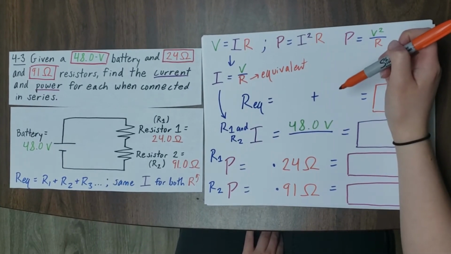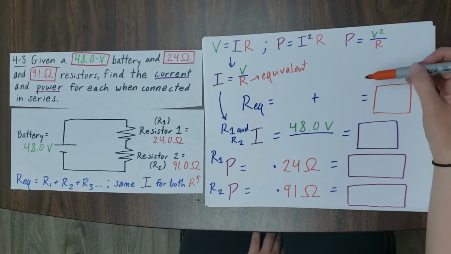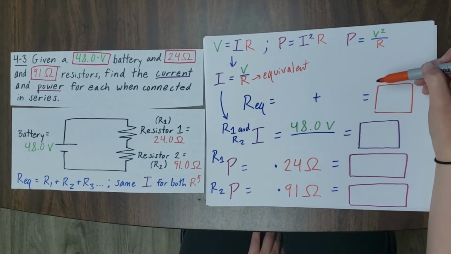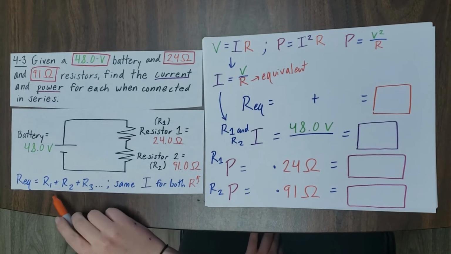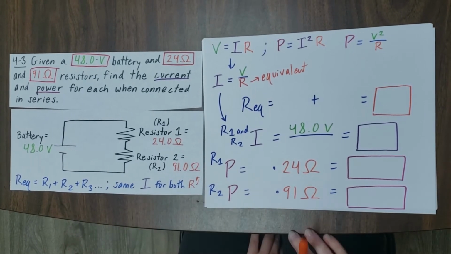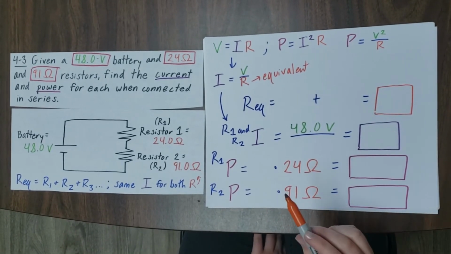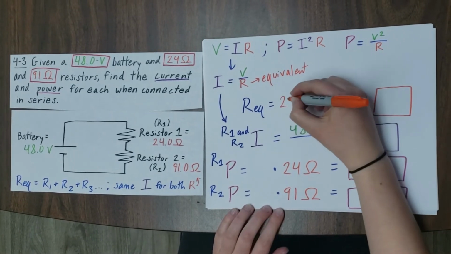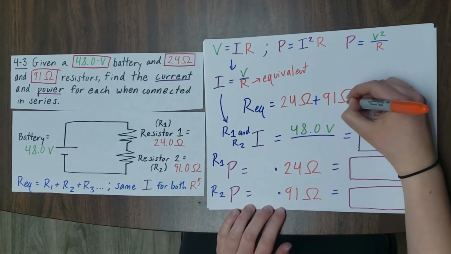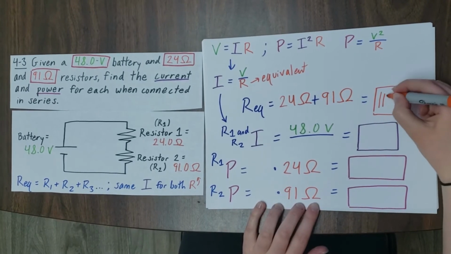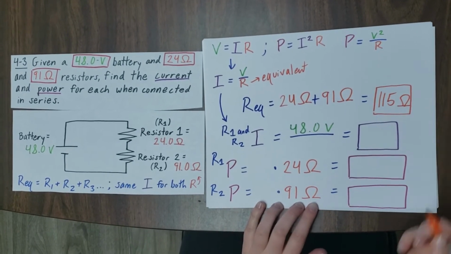However, since we know that we need to find the equivalent resistance of the series of resistors using R equivalent equals R1 plus R2, etc., in this case, our R equivalent equals 24 ohms plus 91 ohms, which equals 115 ohms.